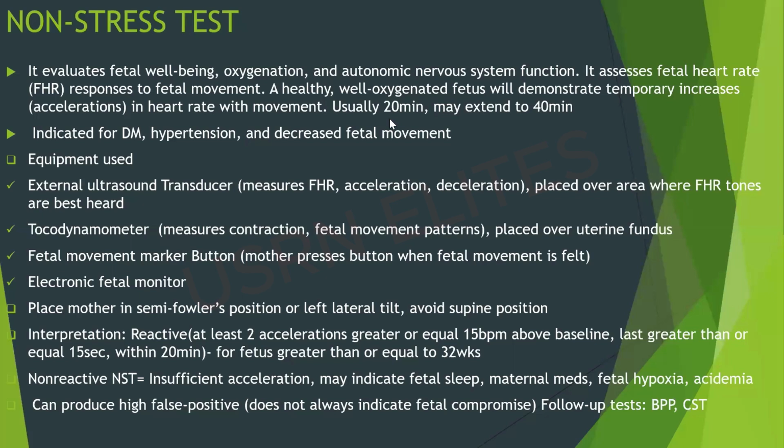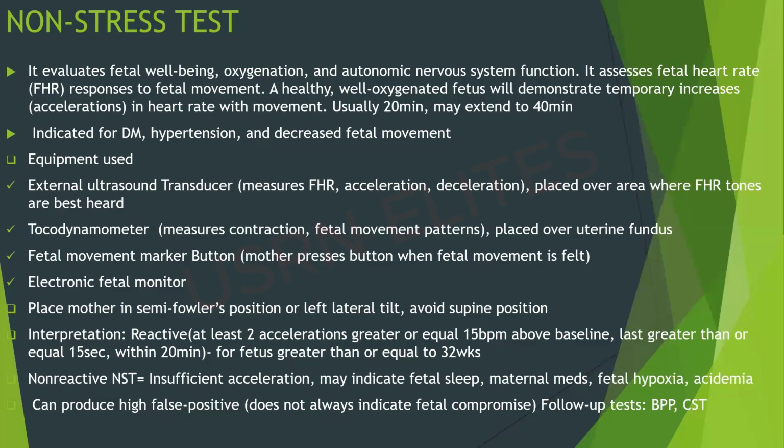All right. So as I said, the Toco dynamometer measures the contraction and the fetal movement. But in cases where we want to know exactly when the fetus moves, sometimes they give the mother a button to press. Once the fetus moves, the mother will just press it.